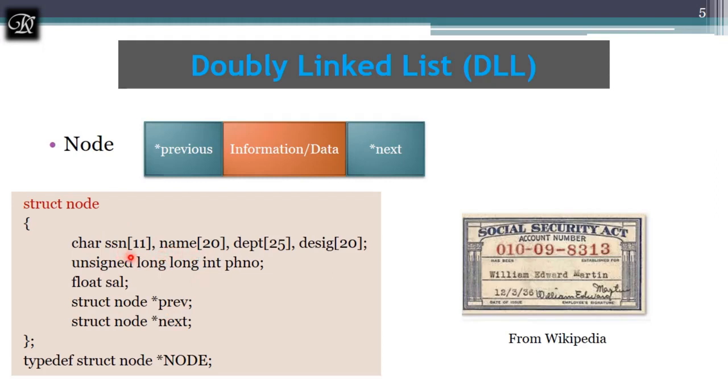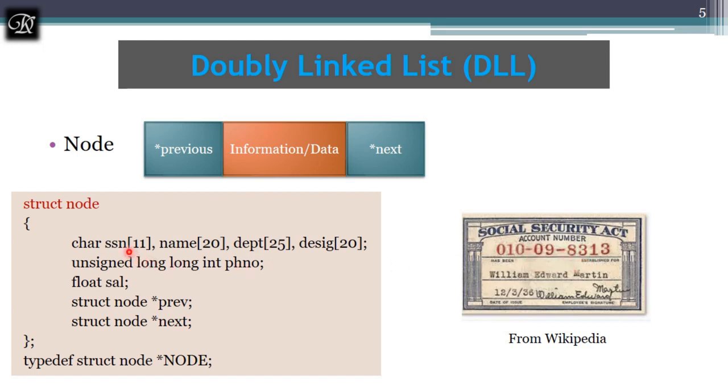This is given in the question that they are going to ask for. We have to create an SSN. SSN stands for Social Security Number, which is a US standard, just like our Aadhaar number, which is of 9 digits as shown over here, which I have taken from Wikipedia, and which is alphanumeric, where you can see the hyphens in between.